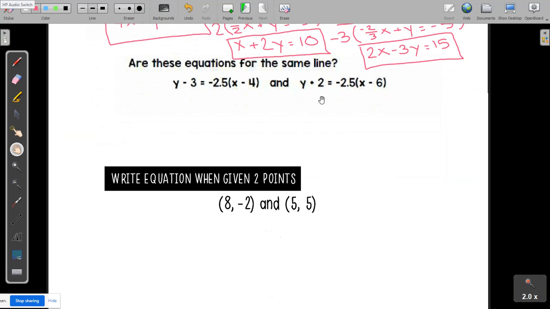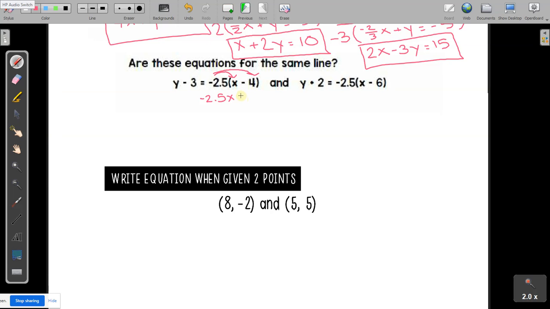Now, we are given 2 lines here. We need to see if it's the same line. So, we're going to take our first equation. We're going to get rid of the parentheses. So we're going to distribute negative 2.5 to each thing inside the parentheses. So we get negative 2.5x. Negative 2.5 times negative 4.